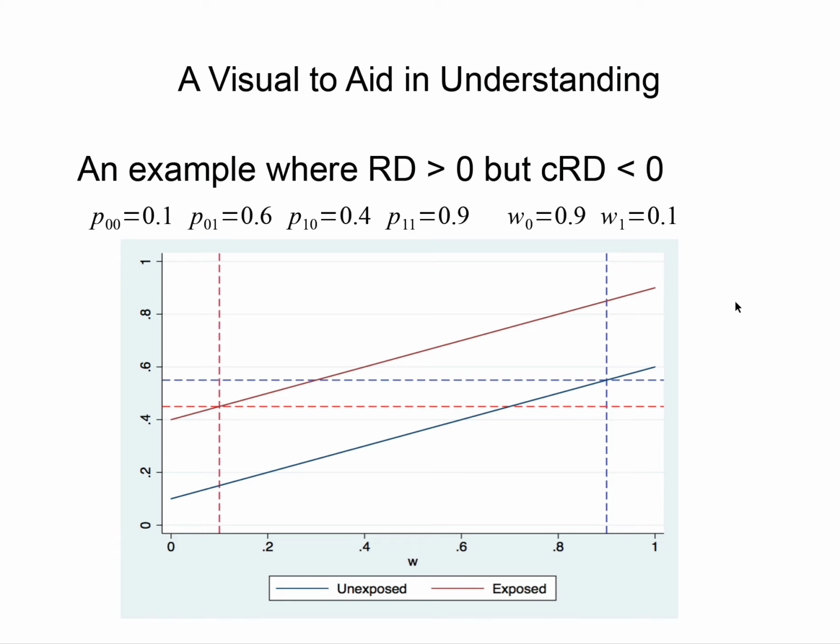Okay, so over here, when W is 0, we have the two situations when we're in strata 0, and here we are with W equals 1. We're in strata 1.